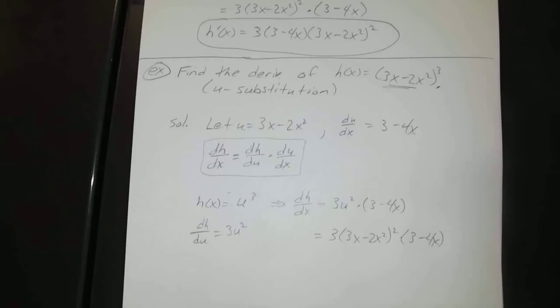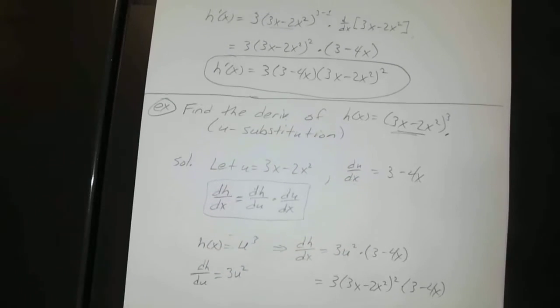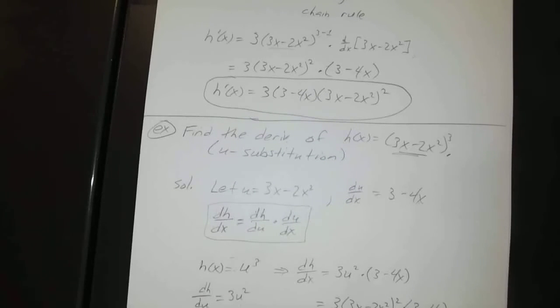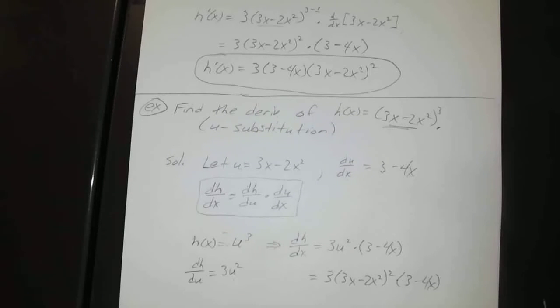So it's kind of a slippery slope there. At first, when I was looking at that, I got confused for a second because when you said replace the u, I was looking at it like h of x equals u to the third, and then h prime of that would just be the derivative of u to the third.